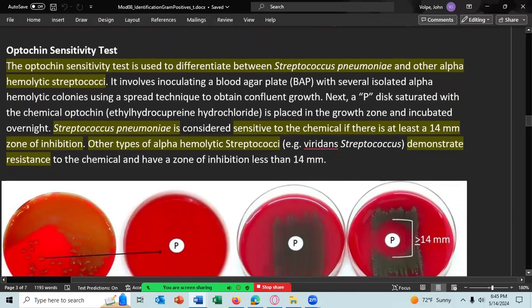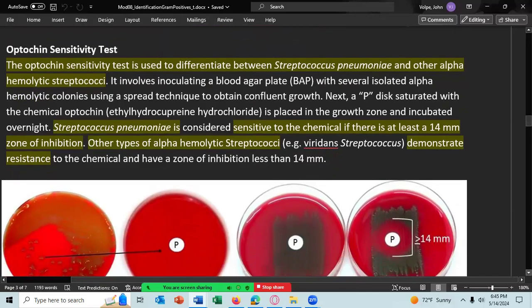The optochin sensitivity test is testing for optochin sensitivity, which is an antibiotic, and it's used to differentiate Streptococcus pneumoniae from other alpha hemolytic streptococci. So if you streak streptococci on a blood agar plate and you get alpha hemolysis, it could be Streptococcus pneumoniae, but it could be another member of the Streptococcus family, which is also alpha hemolytic.